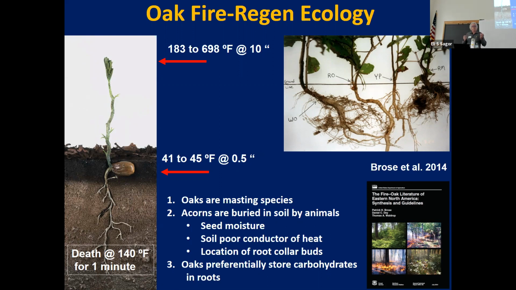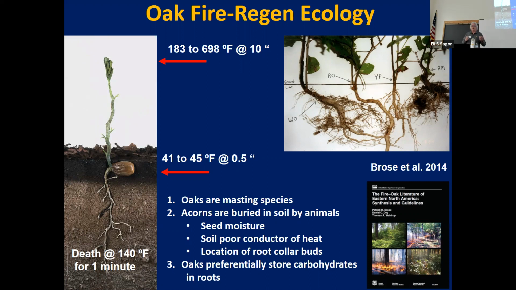And their growth is fueled by the carbohydrates in the roots. Now, oaks have a strategy of preferentially allocating carbohydrates into the root system. And so they invest in a root system and not shoot growth in their juvenile period as a seedling.